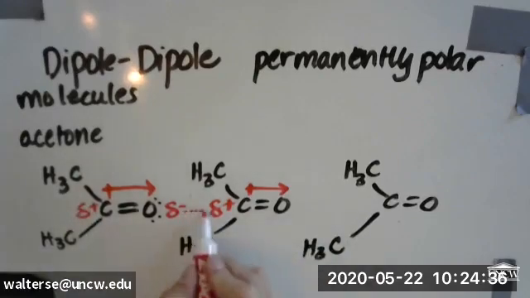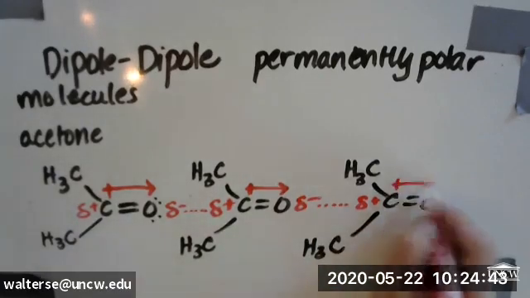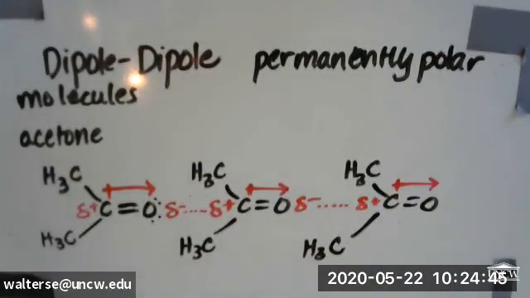Then there would be an attraction here. But intermolecular forces are additive. So not only does a molecule like acetone have dipole-dipole attractions, but it also would have London dispersion forces. So everything has London dispersion forces, and only if the molecule is permanently polar do you get dipole-dipole attractions.